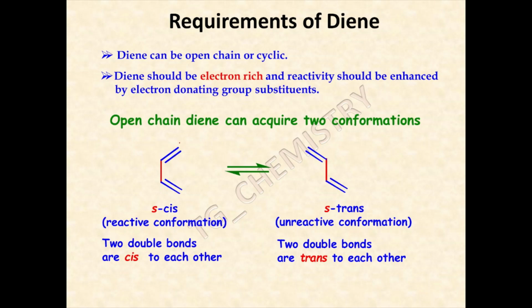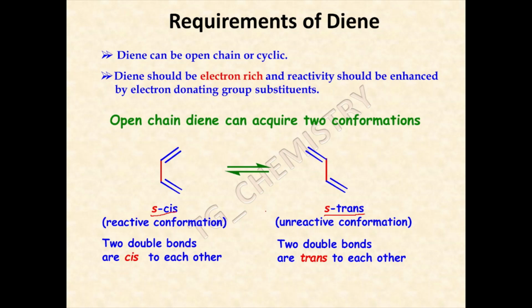like this one, which is generally known as the S-cis diene. The other one, where the diene system is in the trans position, is known as the S-trans diene. For the Diels-Alder reaction, the most reactive diene system has to be the S-cis diene. When the diene system is in the S-cis conformation, it will be highly reactive towards the Diels-Alder reaction.